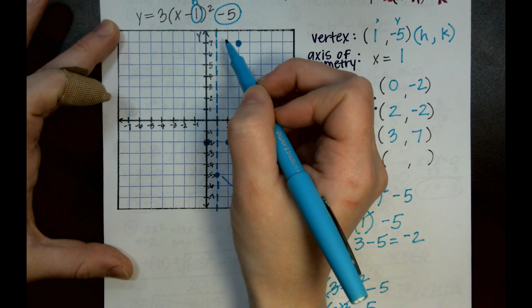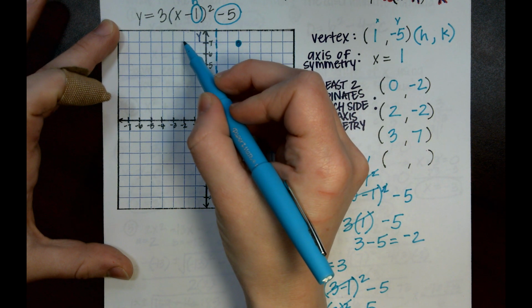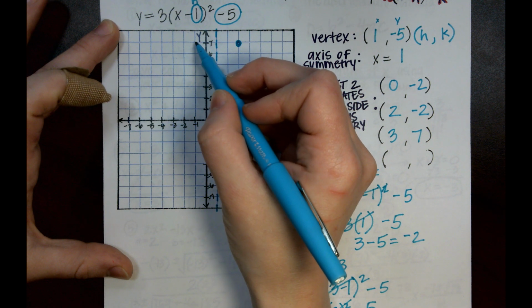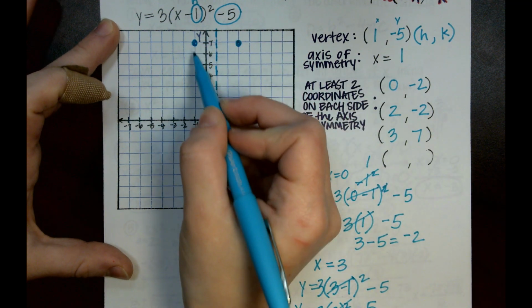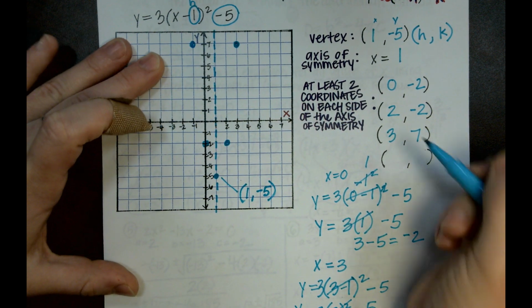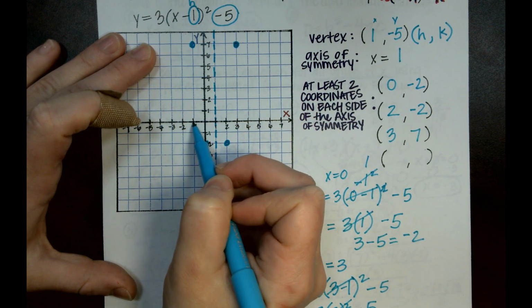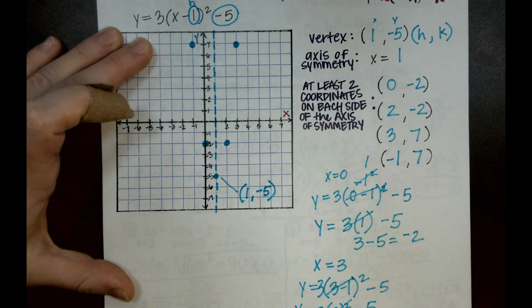You think, oh, it's 2 away from the axis, so I'll go 2 away from the axis. But this is 3 away. We want to go 2 away from that dotted line. So you see that? Now we have enough points to make a parabola. We have another one at x is negative 1 and y is 7.